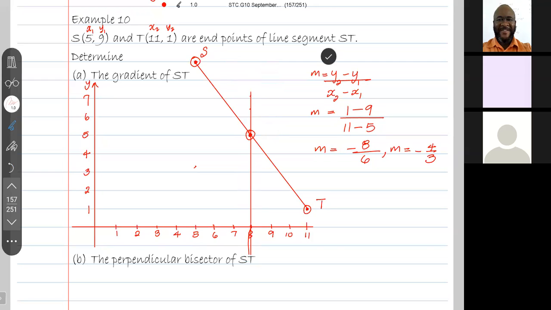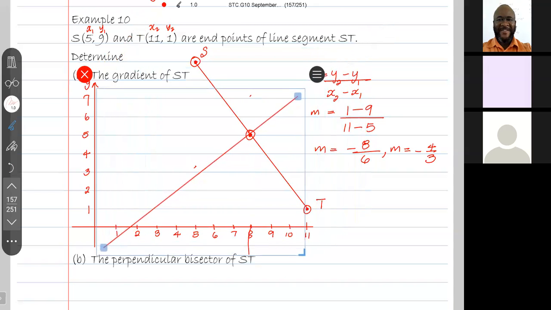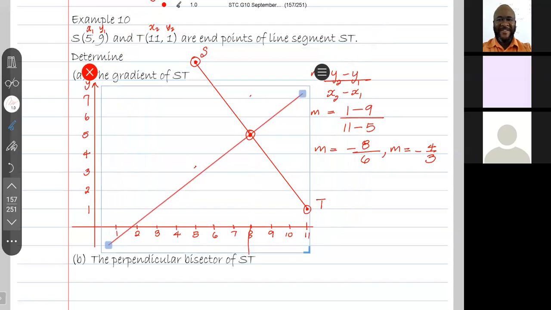Then we're going to do our calculations. So now passing through the midpoint is the perpendicular bisector. So this line here is the perpendicular bisector. It passes through the midpoint of ST, and it meets ST at right angles.